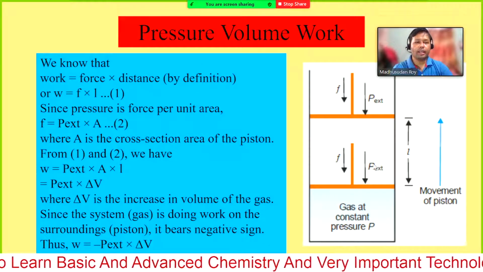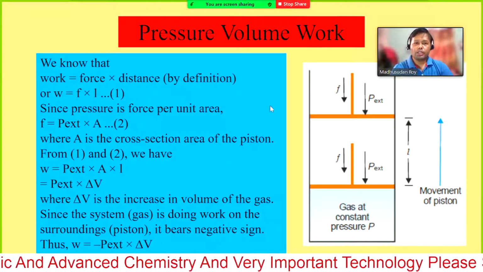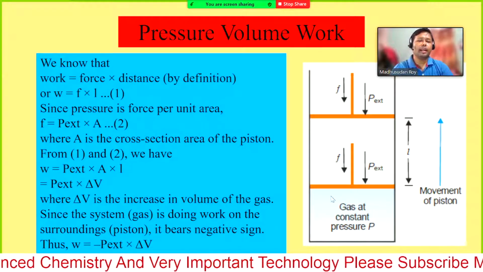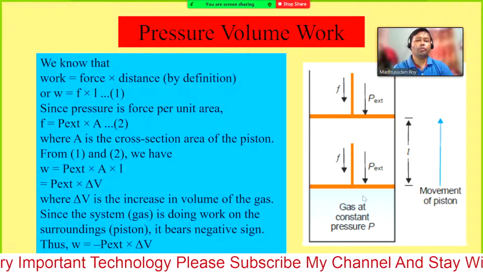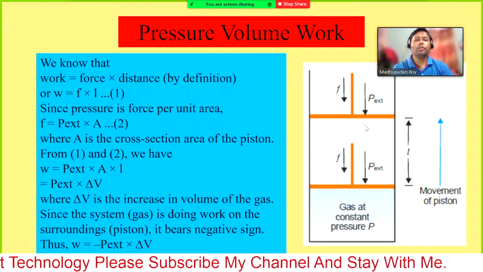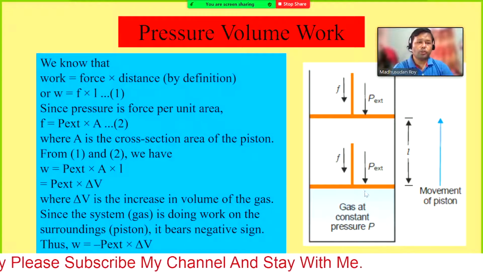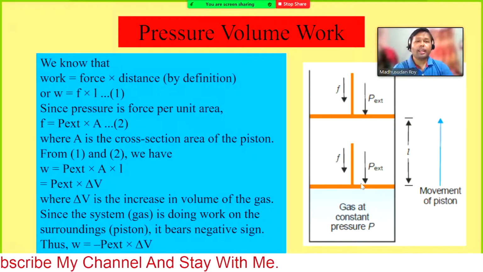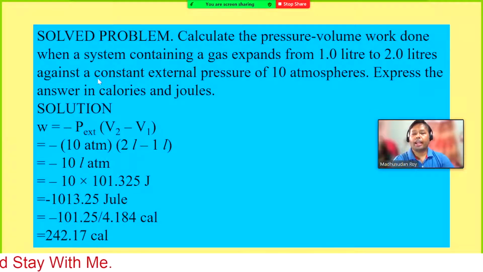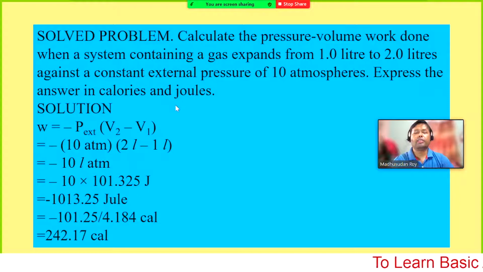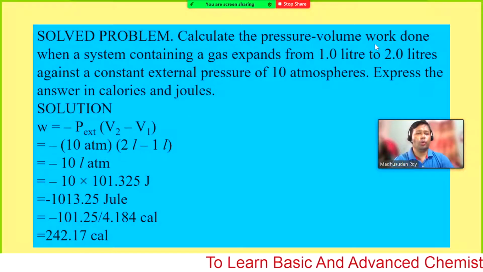For the mathematical problem we are considering that the volume of the gas is expanding from 1 liter to 2 liters against the 10 atmosphere pressure. Express the answer in calories and joules. So you need to calculate the pressure volume work.